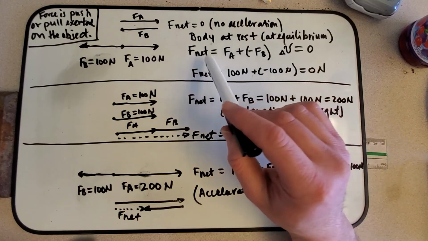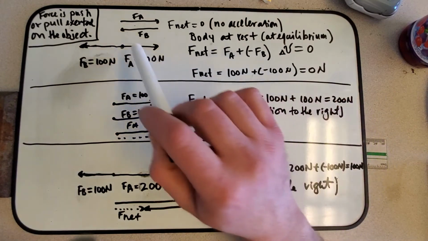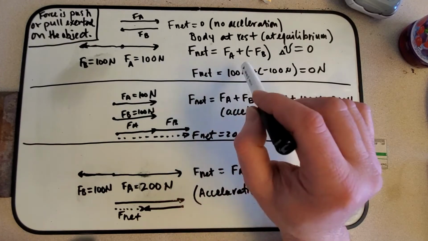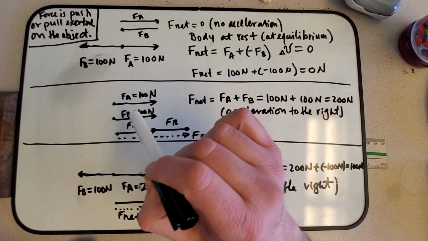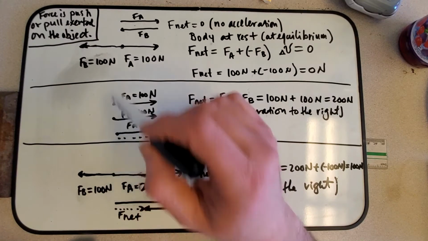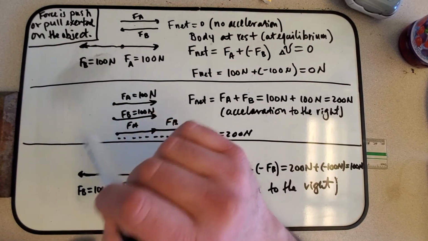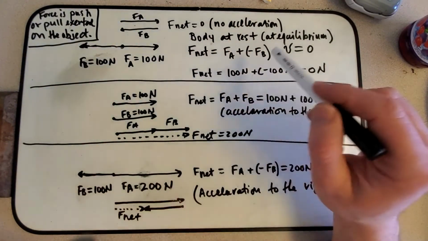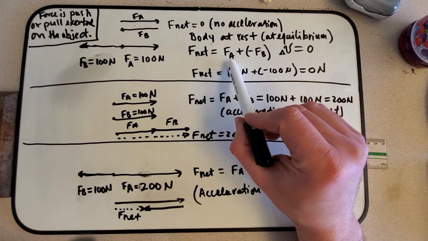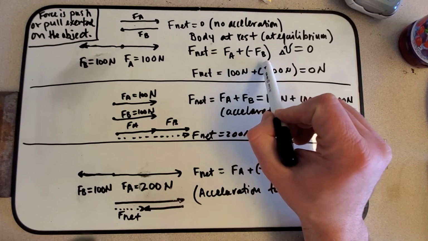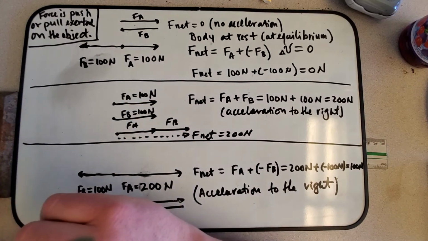The way we added the vectors is that we took the first vector pointing in the positive direction, plus, since the other is pulling in the negative direction, if we imagine the coordinate system, this is the plus, this is the minus. So we can say F_A vector plus, we always add the vectors, plus negative F_B vector, because it's pulling in the opposite direction.